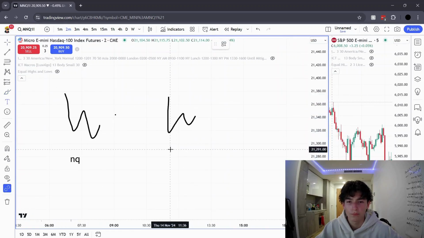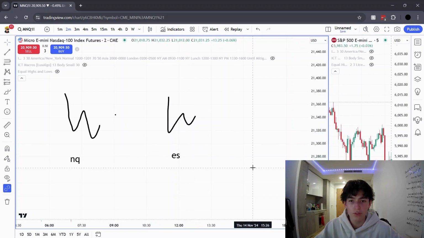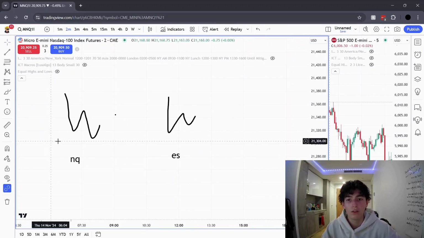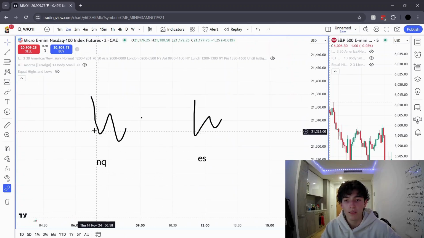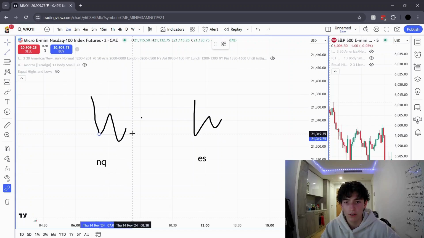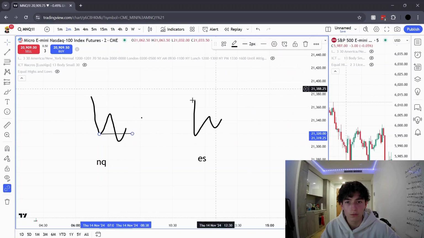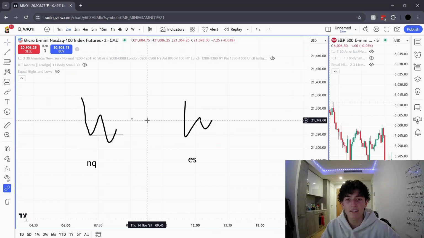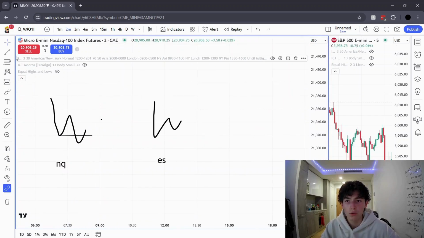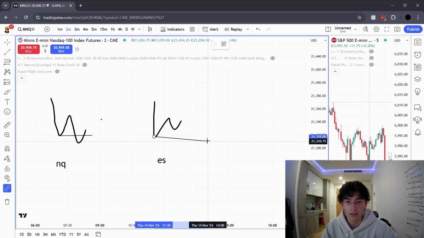Now, what do you see different here? Well, in the chart I drew out for NQ, you can see that this low was taken, right? This low right here was taken. But at the exact same time, this low on ES wasn't.